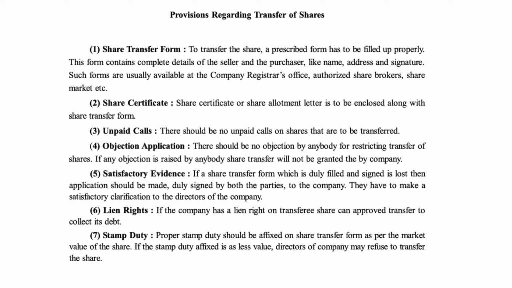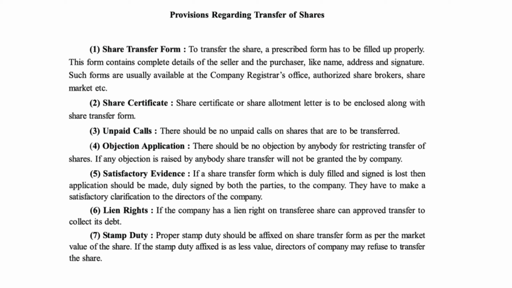Next is objection application. We had seen that the company will give a notice to both the seller and purchaser, and in case any party has any objection, they have to give an objection application within 14 days. Next is satisfactory evidence. What happens if I have filled a share transfer form and given the share certificate to the company, but there may have been some problem because of which the form or the share certificate has been misplaced?